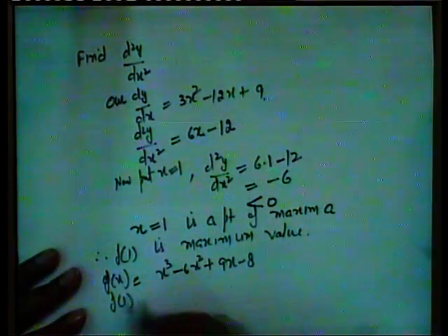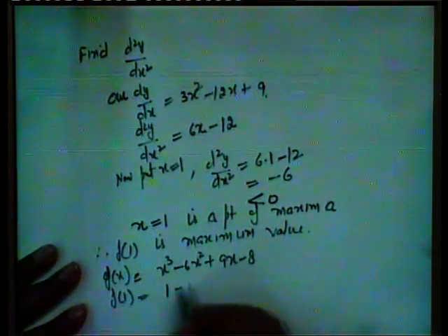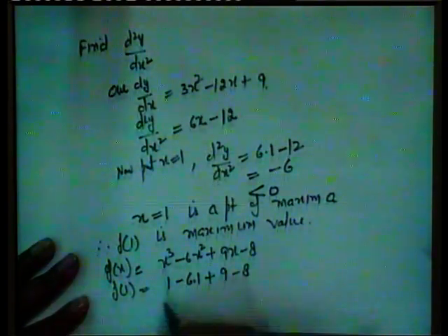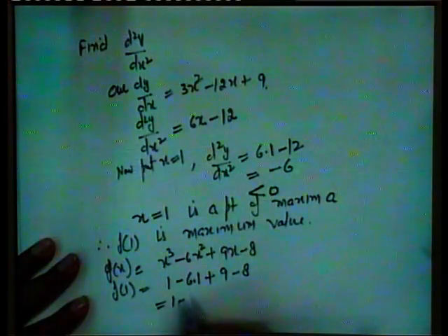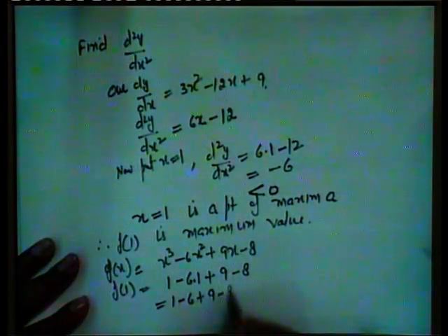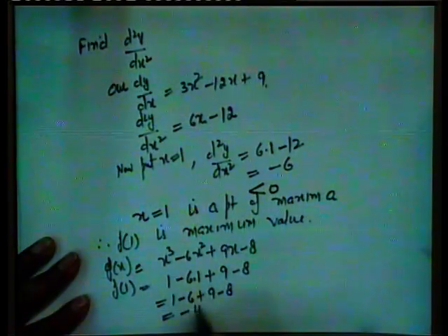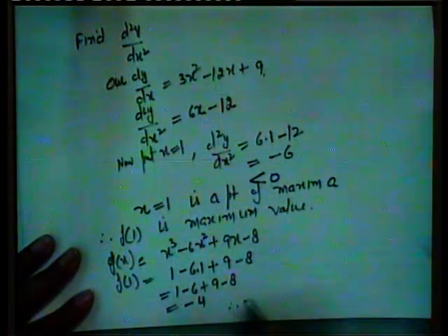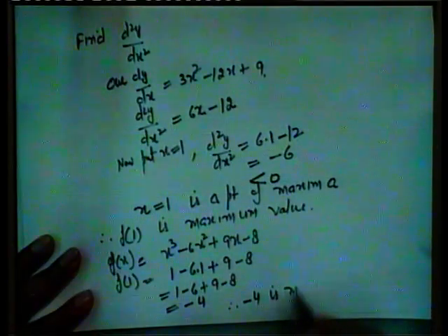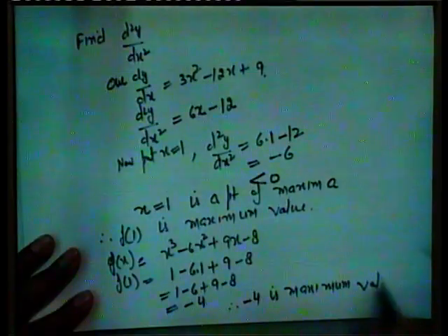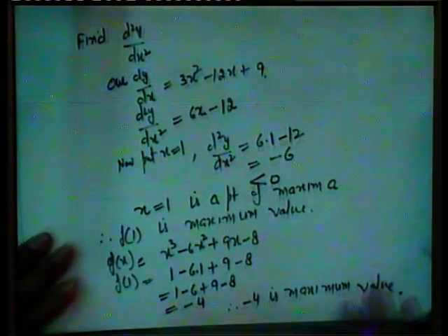Therefore, f(1) is 1 minus 6 into 1 plus 9 minus 8. This is 1 minus 6 plus 9 minus 8, minus 14 plus 10, this is minus 4. Therefore, minus 4 is the maximum value.